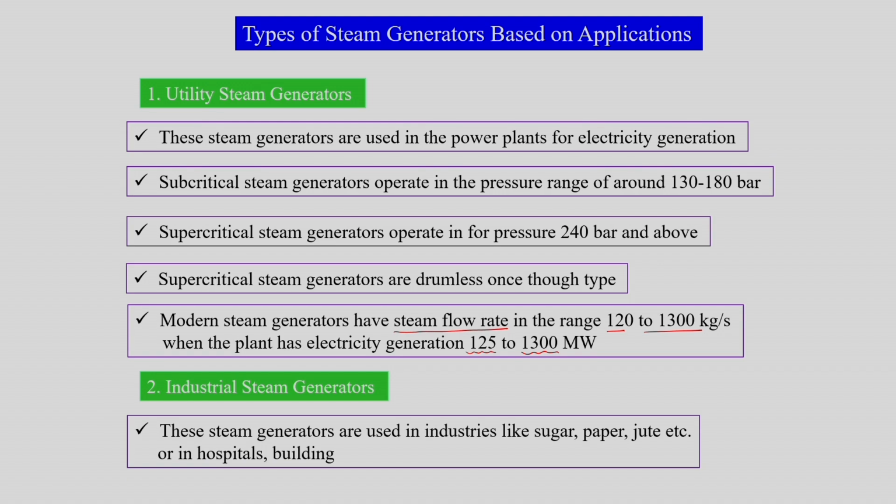The second type of steam generator is the industrial steam generator. These steam generators are practically used for processes where steam is a high temperature source, such as processes in industries like sugar, jute, paper, or in house heating kind of applications.